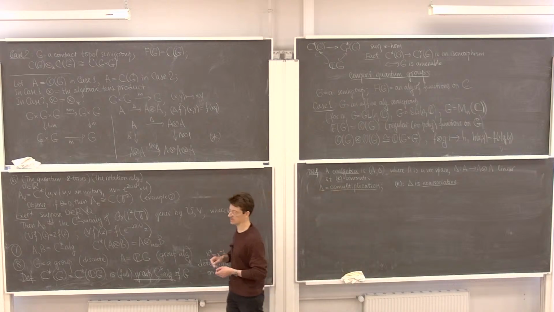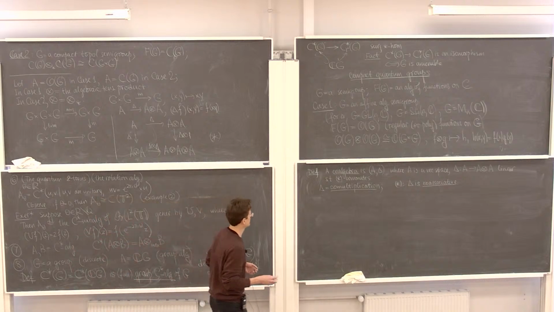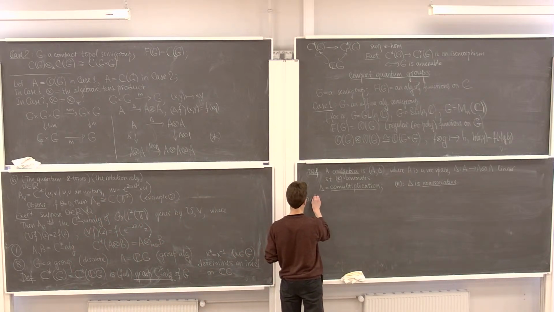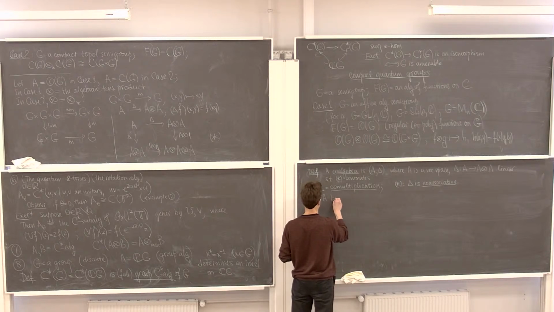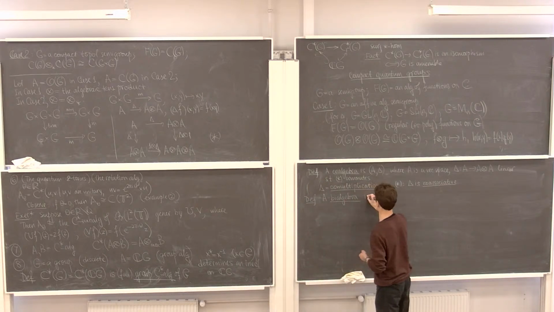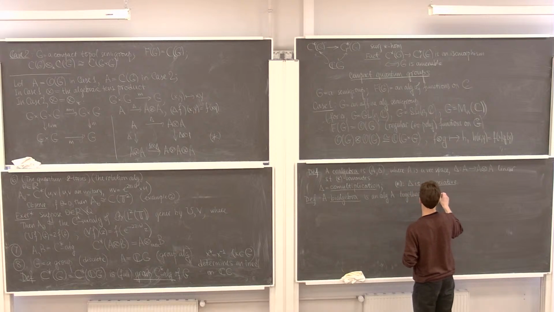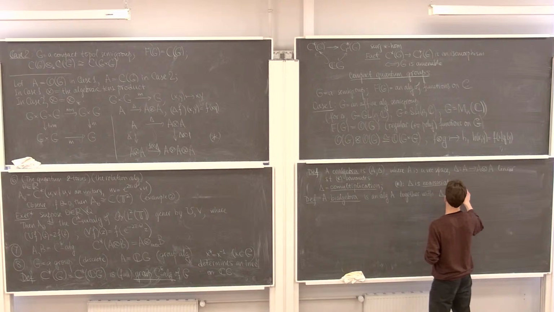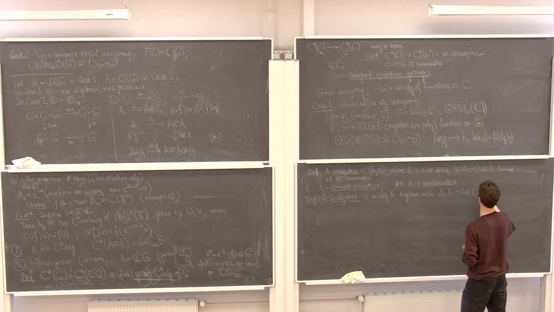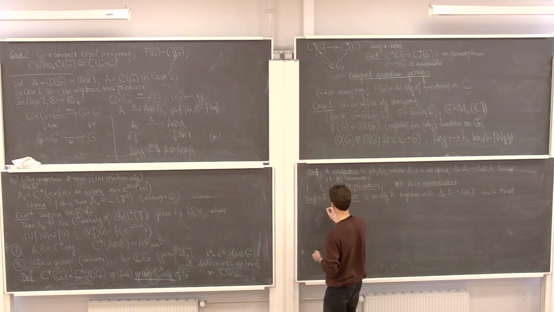In our concrete example, A was not just a vector space, but was an algebra. So we say that a bi-algebra is an algebra A together with a co-multiplication such that, first of all, A together with delta is a co-algebra.